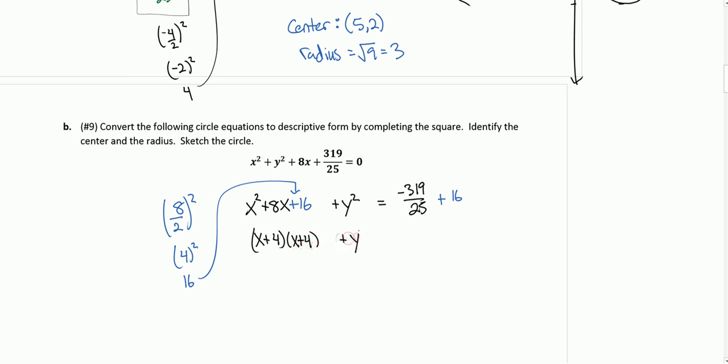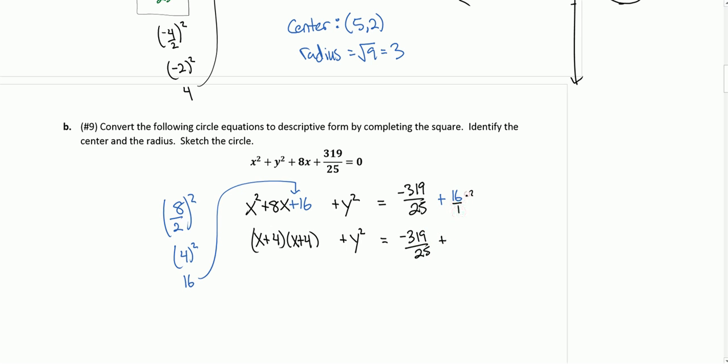We have a y squared, which we didn't need to complete the square because there wasn't any y term, just the y squared term. And then we want to begin adding the fraction with 16. So negative 319 over 25 plus, we had 16 over 1.